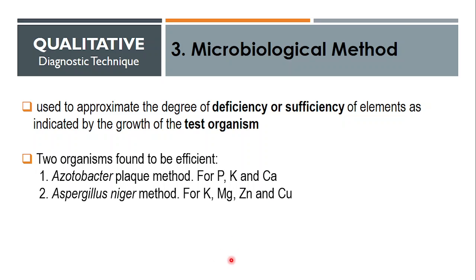For the approximation of the degree for phosphorus, potassium, and calcium, we use the azotobacter plaque method. And for K, magnesium, zinc, and copper, we can use the Aspergillus niger method. Okay? These organisms, dapat available yan. Kaya, this one, it is seldom used in our laboratory.